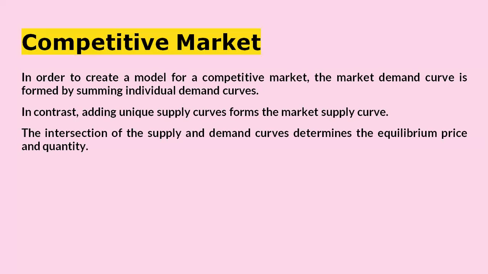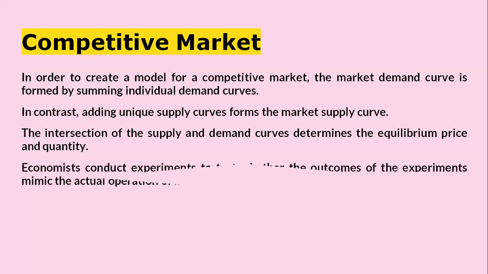The intersection of the supply and demand curves determines the equilibrium price and quantity. Economists conduct experiments to test whether the outcomes of the experiments mimic the actual operation of markets.